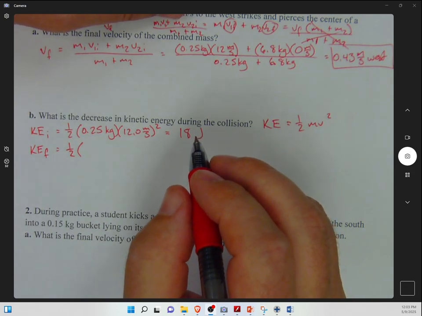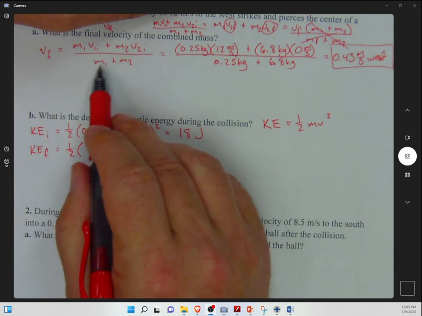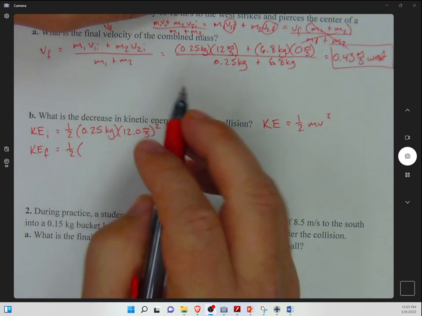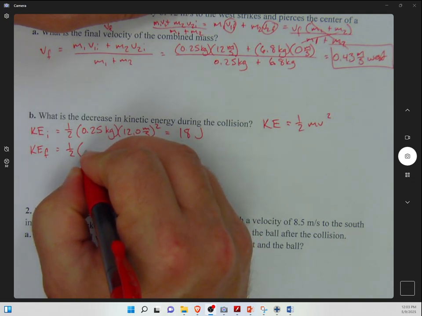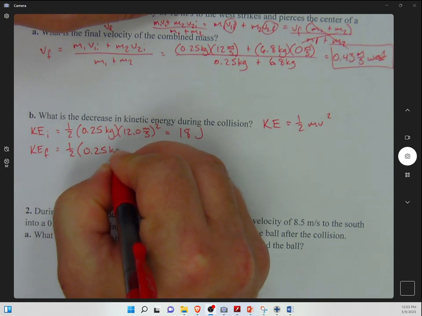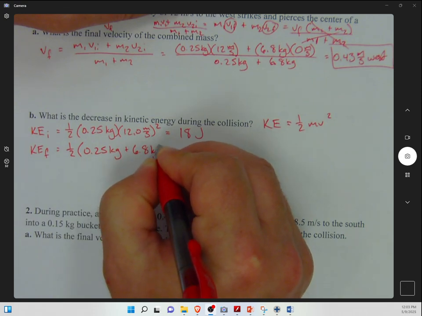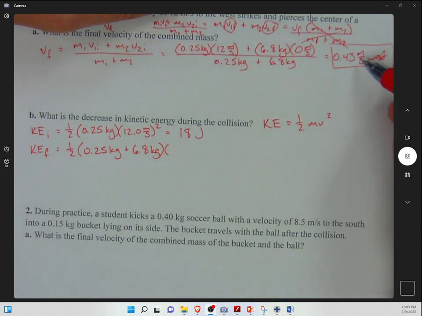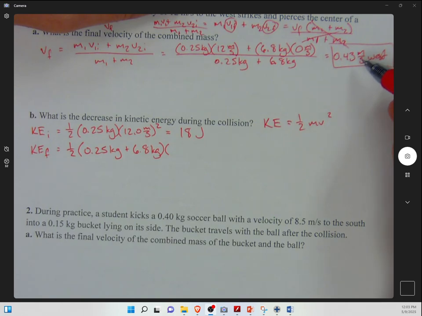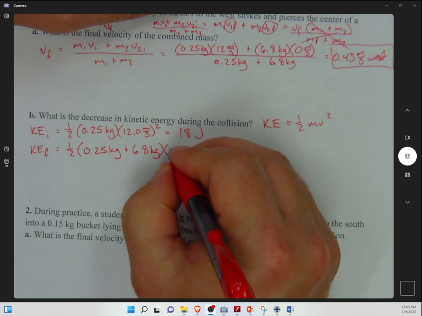I'm going to need to understand that this is an inelastic collision, so the masses have combined, right? And so this is actually going to be both masses summed together, multiplied by the final velocity that I calculated up here. That's going to be the final velocity of both of them.